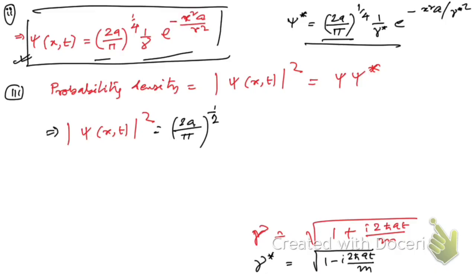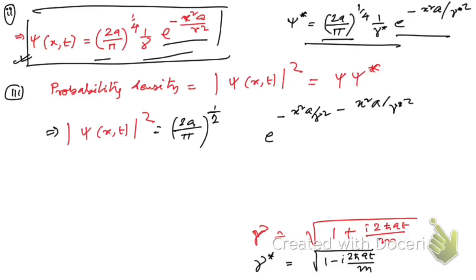And multiply this, then you're going to have e to the power minus x square a by gamma square, then minus x square a by square of gamma star, right?